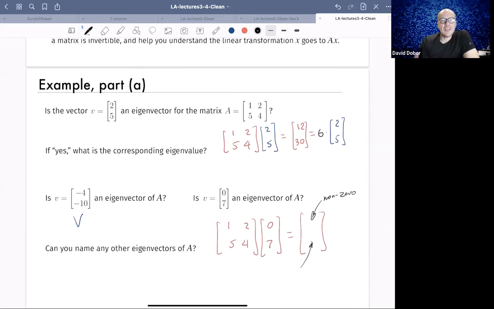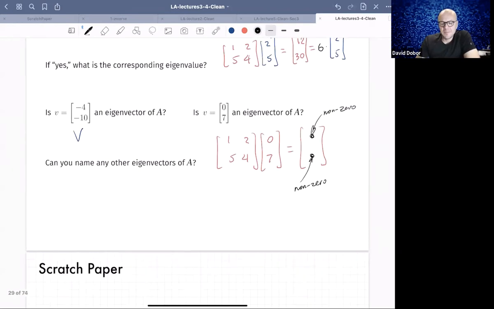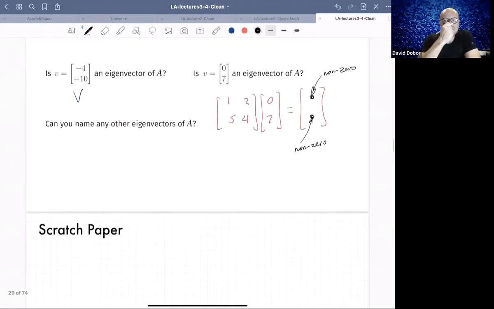Well, you're going to say you get 28, because it's 5 times 0 plus 4 times 7. But I'm simply going to say that this is non-zero. That's sufficient for me to make the claim I'm about to make. The claim is, because these two entries are non-zero, can this be an eigenvector? There's no way, right? Because (0, 7) is right here.